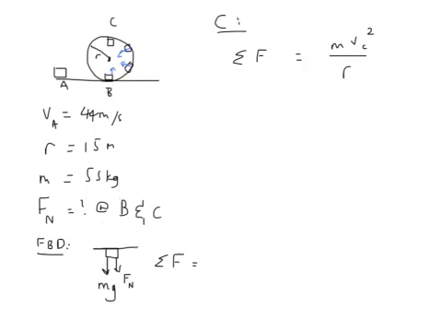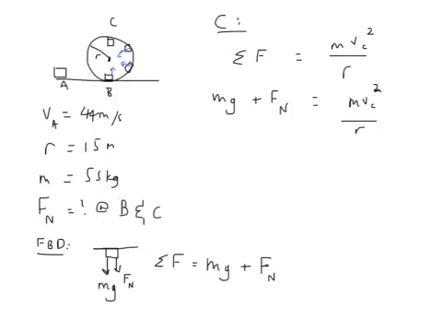We're going to say down is the positive direction, which means the sum of the forces is mg plus Fn. So we've assigned down the positive direction since we have to make sure F net is positive. So we plug in exactly that, over R.